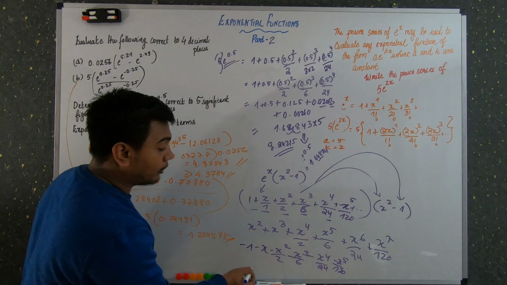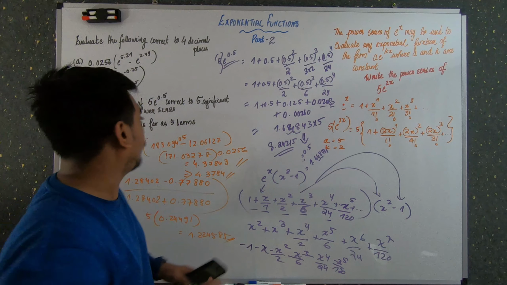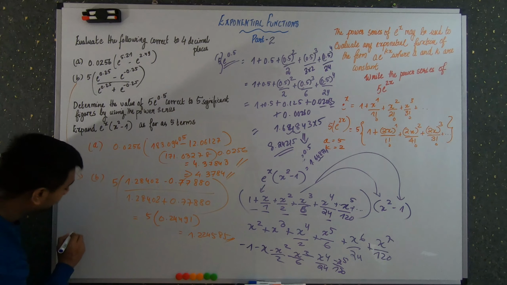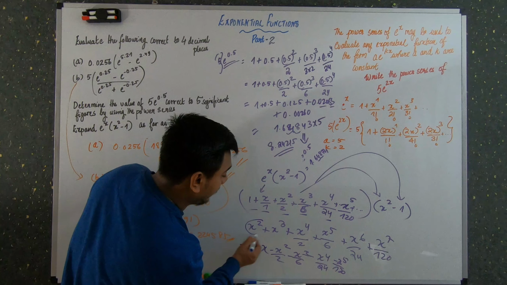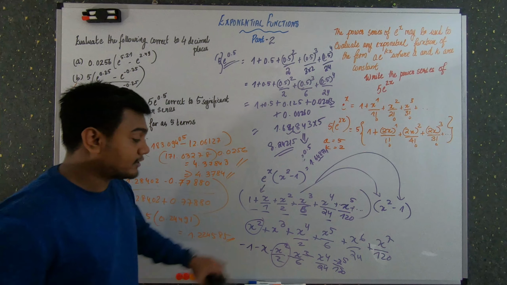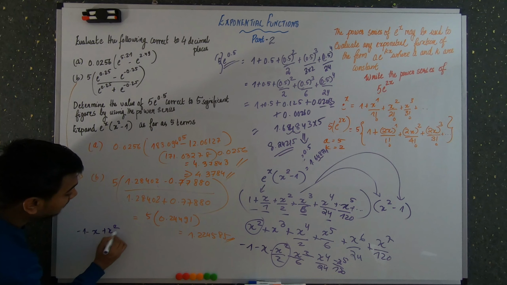Now let's group the x square terms together, the x cube terms together, and so on. So let's write the final expression: minus 1, minus x, square minus x square by 2, what it is, plus x square by 2, right?